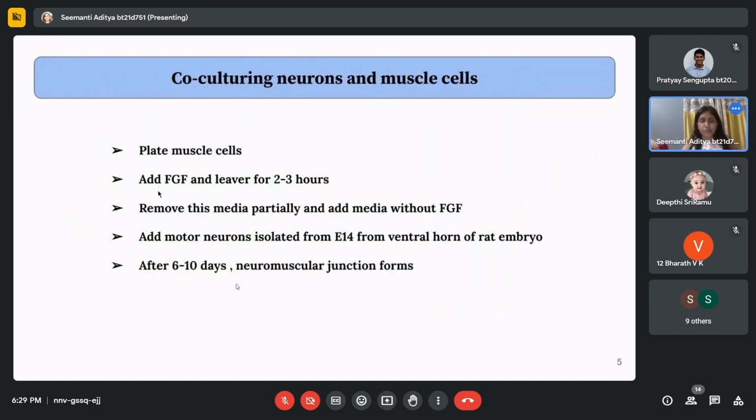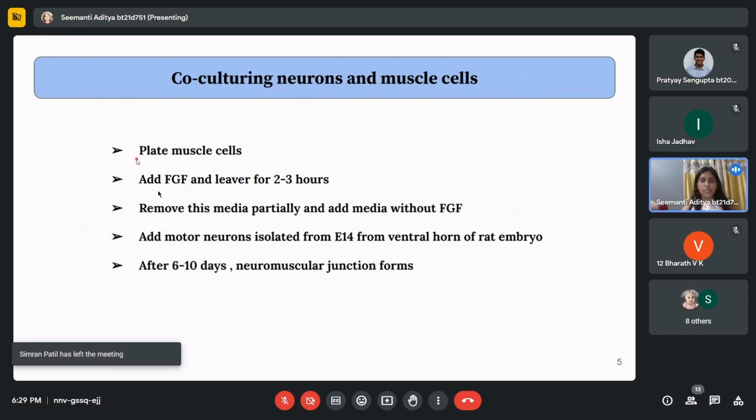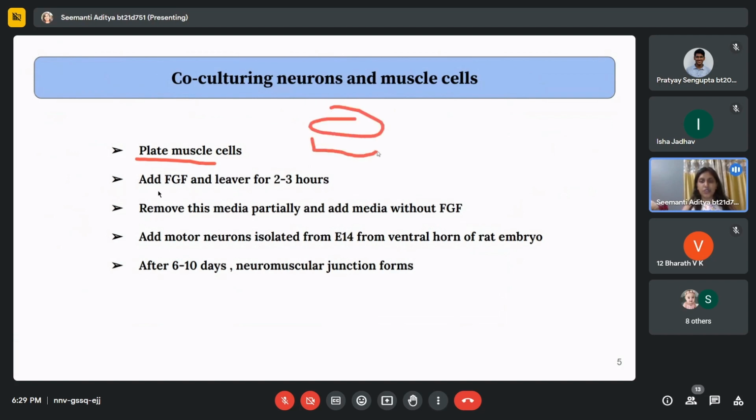For the co-culturing of neurons and muscle cells, we have to plate the muscle cells first. Then we can use the differentiating and cell division factors as well, because the muscle cells initially need to divide. These are singular muscle cells, then they will divide like this.